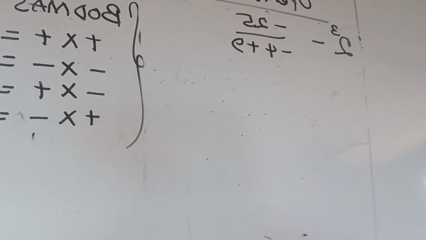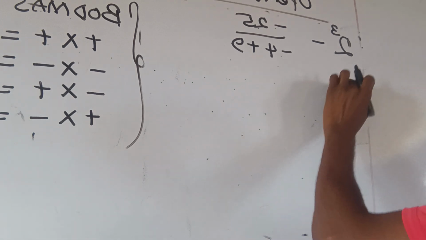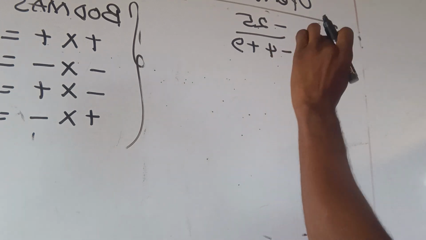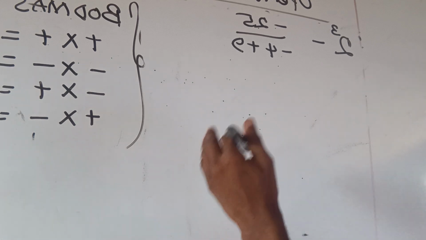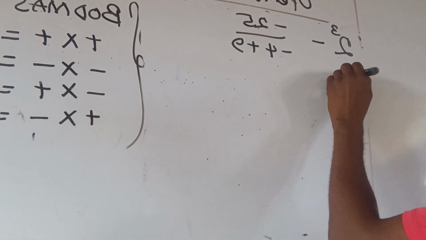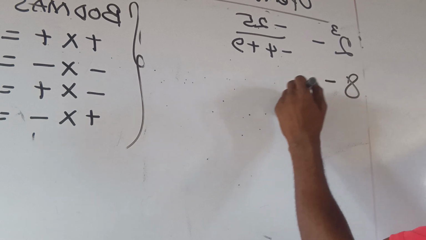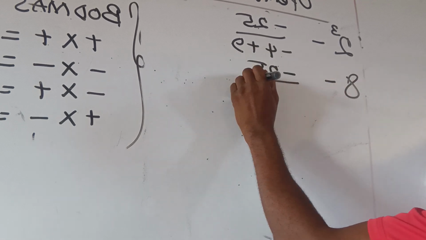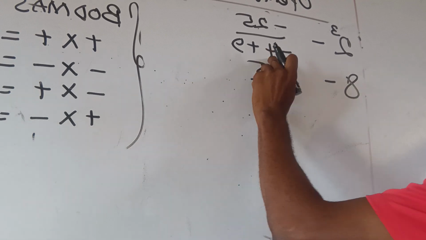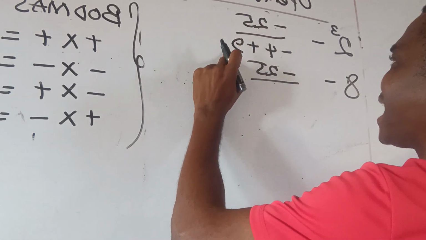This is interesting. 2 cubed is the same thing as 2 times 2 times 2. 2 raised to the power of 3 means 2 times 2 times 2. That is 8. Then minus, we have minus 25 as the numerator. Now this is minus 4 plus 9.